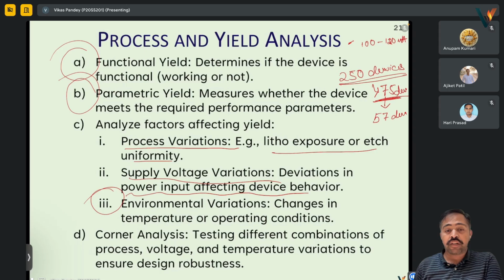Then is corner analysis, like testing different combinations of process.